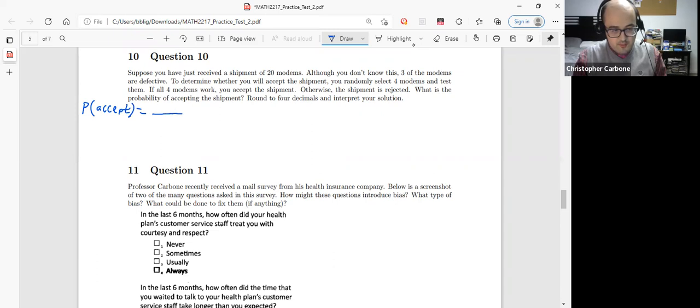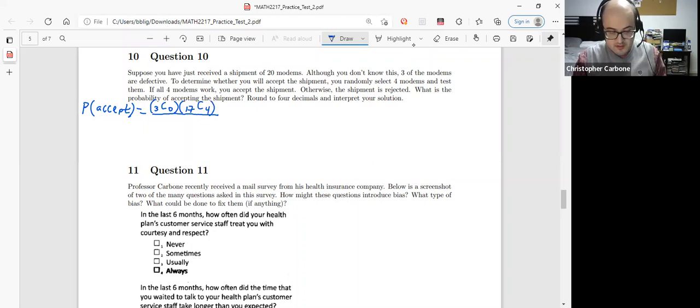So among the 3 defective modems, we do not want any of them. So 3 choose 0. And we're going to multiply that by, there's a total of 20 modems, so there are 17 that are not defective, and we want to choose 4 of those.